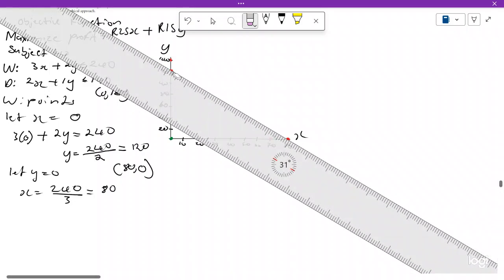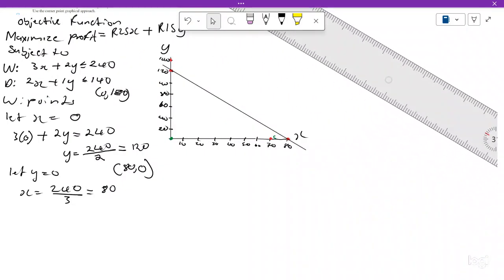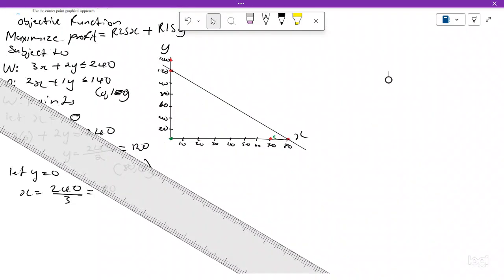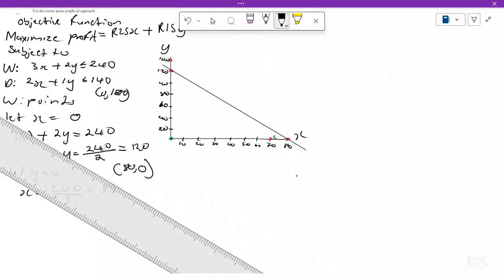Then we do the same for the second formula, which is D. So let x is equal to 0.